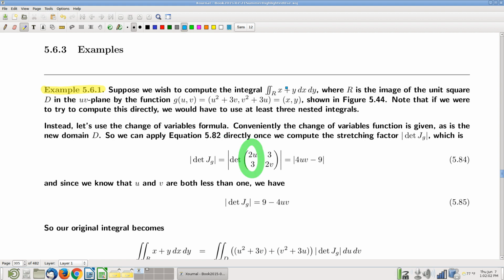Don't forget, furthermore, the change of variables function is telling you x and y in terms of u and v. So this is partial of x with respect to u, easily computed. This is partial of y with respect to u, easily computed.